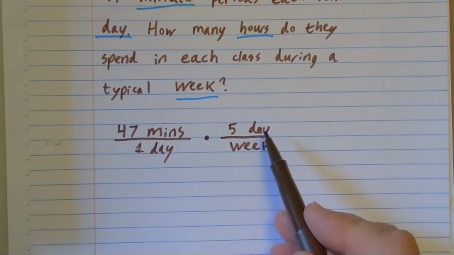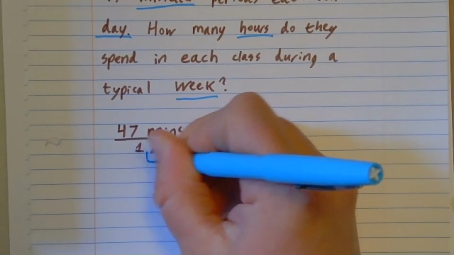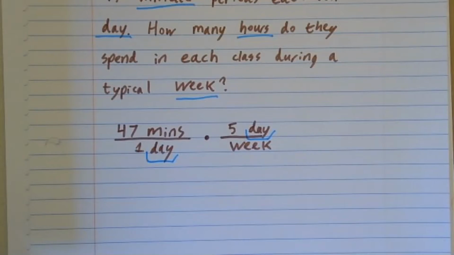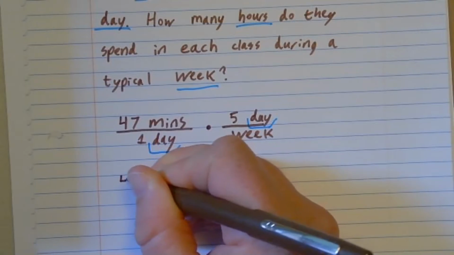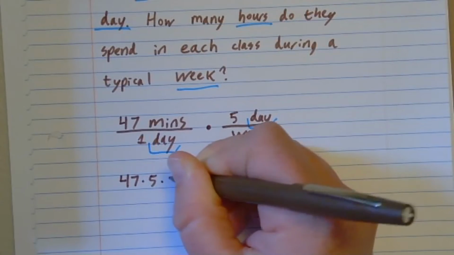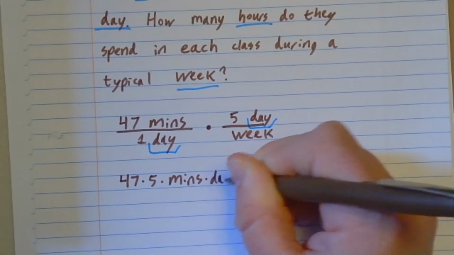So now I've got something set up where I know when I'm done doing my multiplication, this day and this day are going to cancel. So I have 47 times 5 times minutes times day.